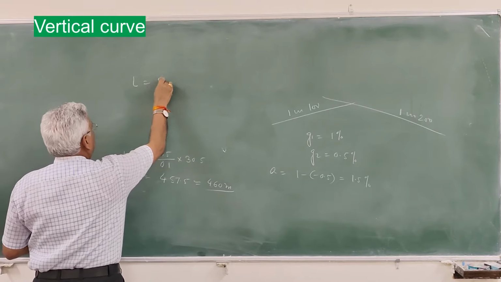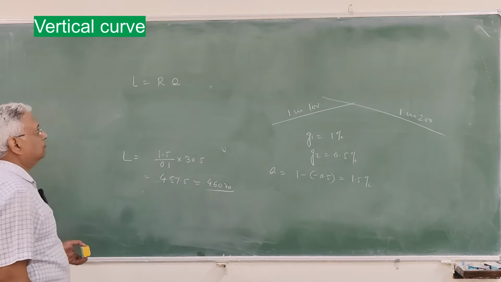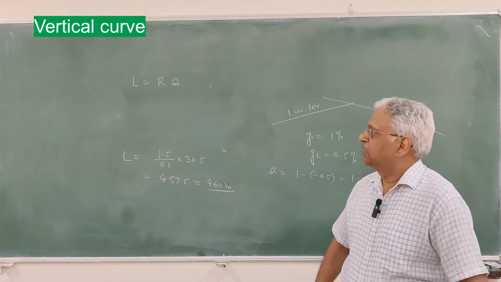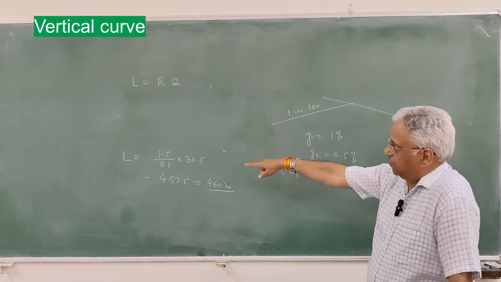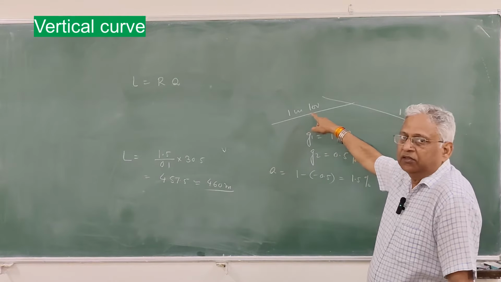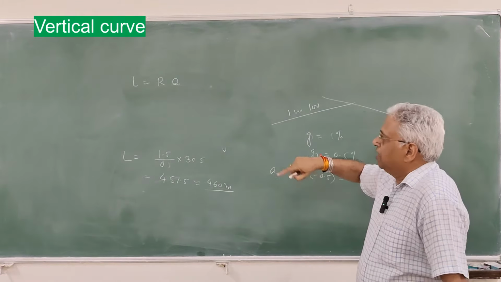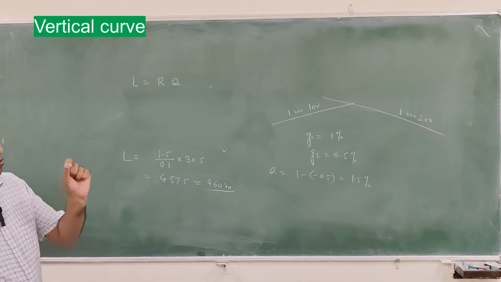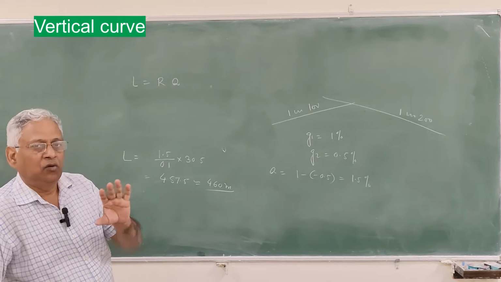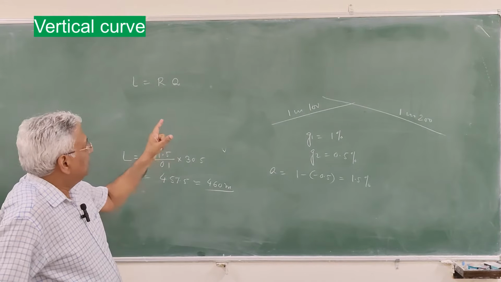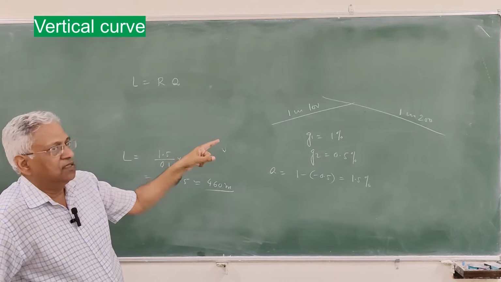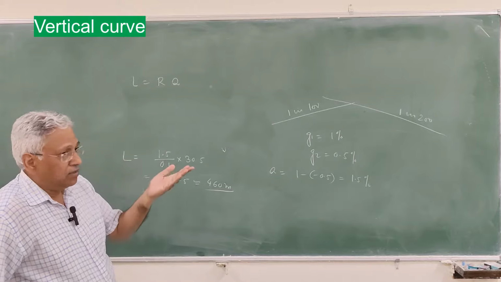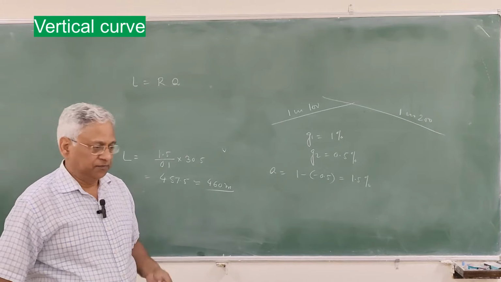L is equal to R into Q. R is the radius of the vertical curve and Q is the same as A, that is algebraic difference between the two gradients. Now this value of R depends upon the gauge. What Indian Railways suggests is that no vertical curve is required if the algebraic difference between two gradients is less than or equal to 0.4%. Beyond that, you need a vertical curve.